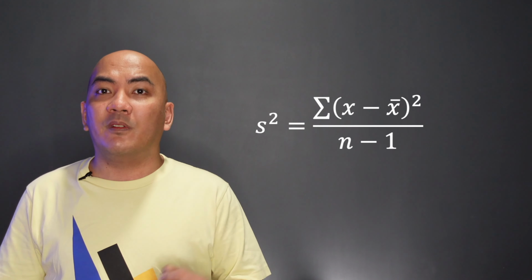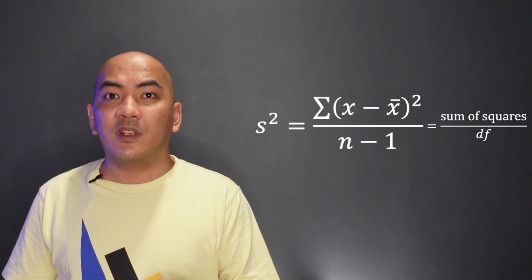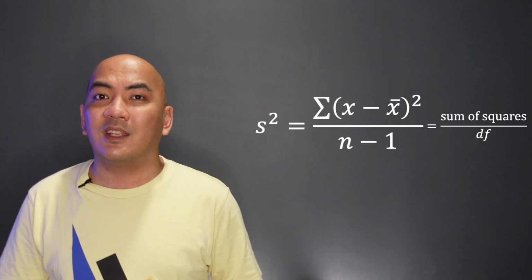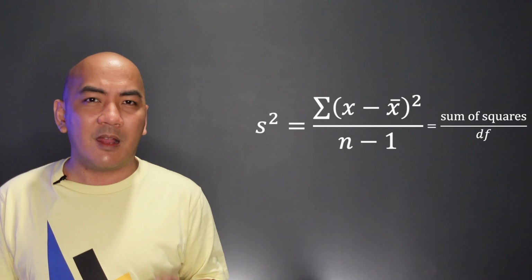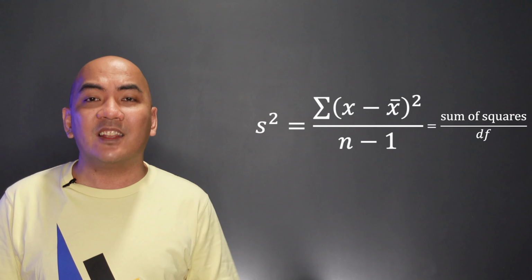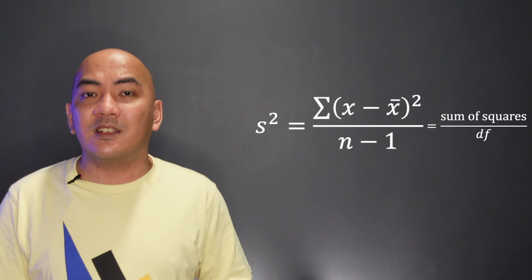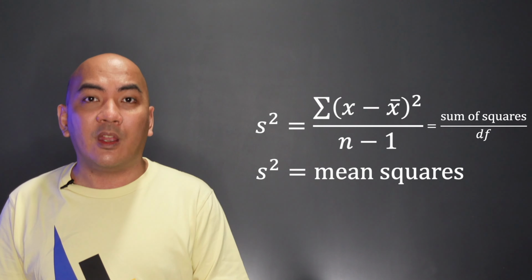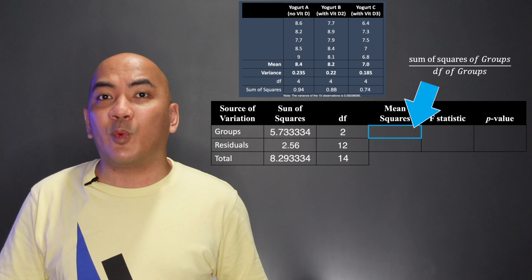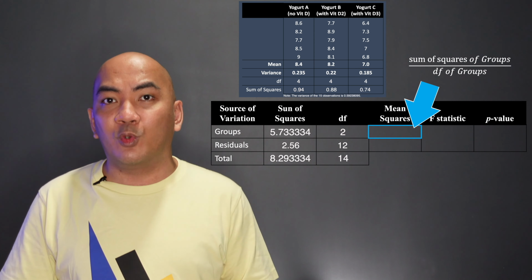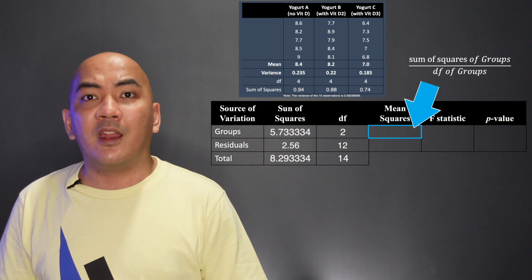Now, since the sample variance is the sum of the squares error divided by the DF, you must know that any sum divided by some function of n is like getting the mean. In other words, the sample variance is actually the mean squares error. So to get the mean squares of the group, we just have to divide the sum of squares of the group by its degrees of freedom.